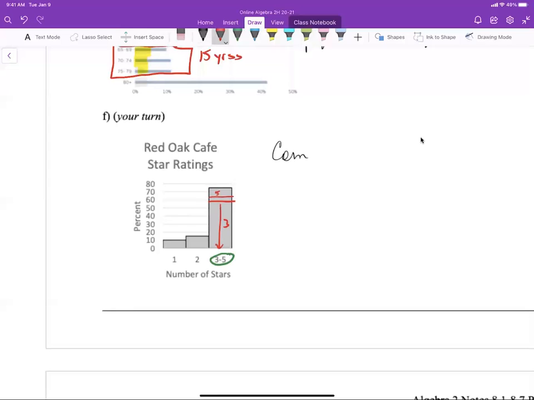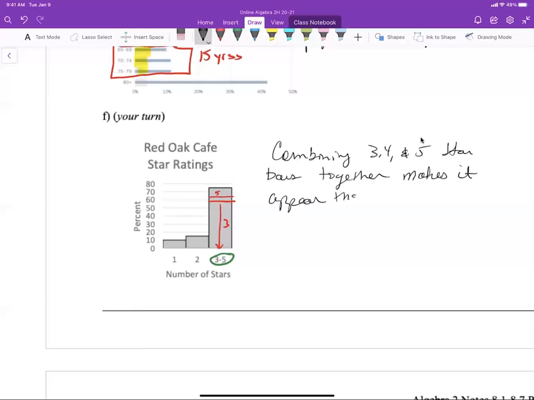That would potentially not make you feel as good about it. So combining 3, 4, and 5 star bars together makes it appear that the cafe has a lot of high ratings.